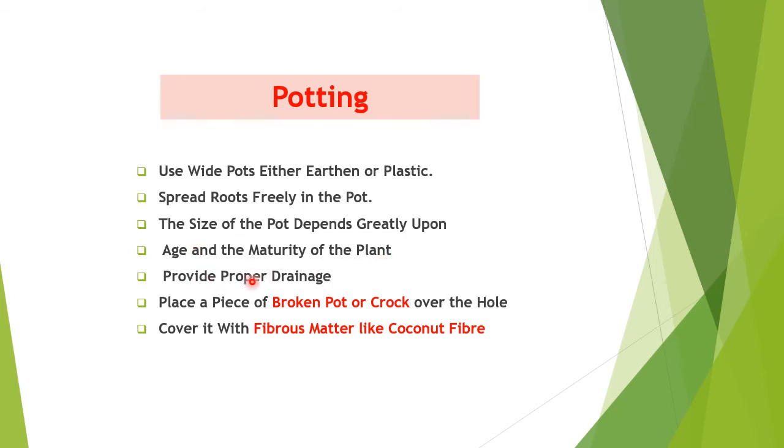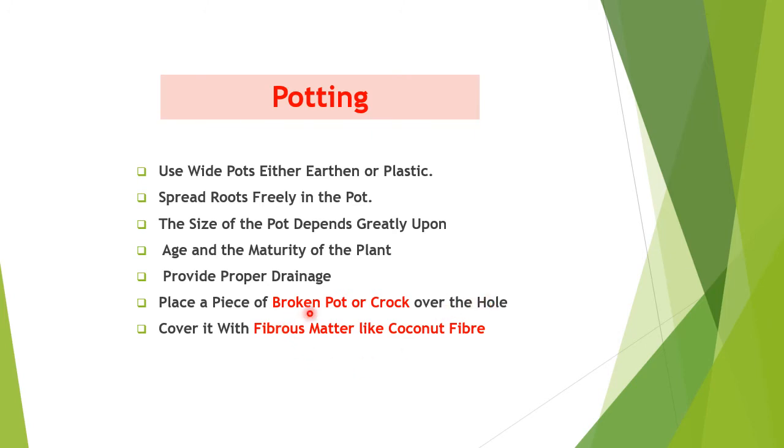And provide proper drainage to it. For that purpose, you place a piece of broken pot or a crock over the hole. Each pot will have a small hole. If it is not there, there is a sign for a hole, and make a hole with a nail or anything available, so that the hole is visible there.